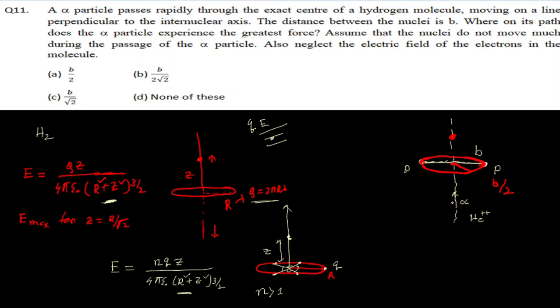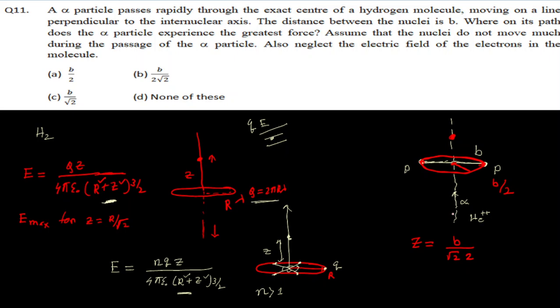So for what value of z will the electric field be maximum on the axis of this loop? The electric field will be maximum when z equals 1 by root 2 times the radius. In this case the radius is b by 2, so 1 by root 2 times b by 2. At this position on the axis the electric field will be maximum.